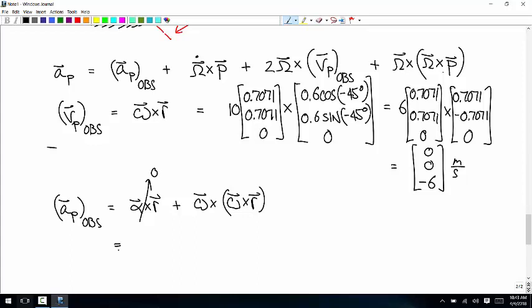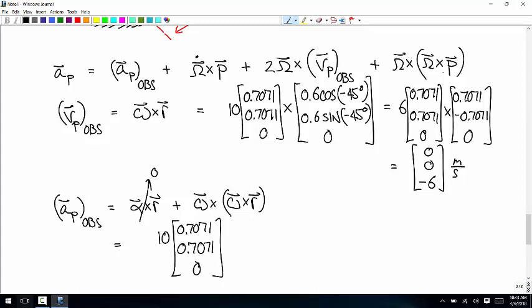So this is, omega is 10 times 0.7071, 0.7071, 0.